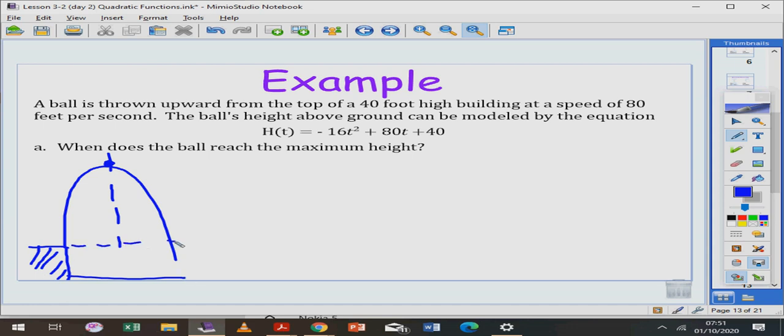I'm again trying to find the value of x at this point, which is x equals minus b over 2a.